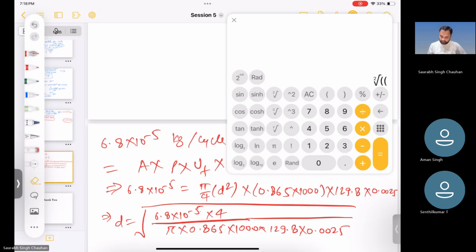Okay. 6.8 into 10 to the power minus 5 into 4 divided by pi into 0.865 into 1000 into 129.8 into 0.0025.